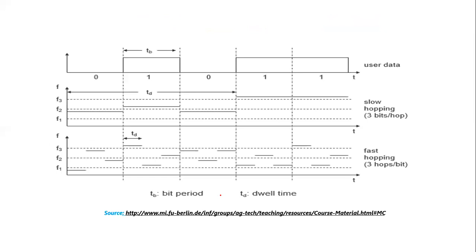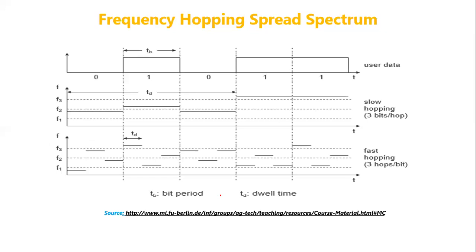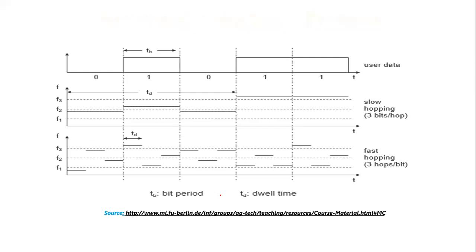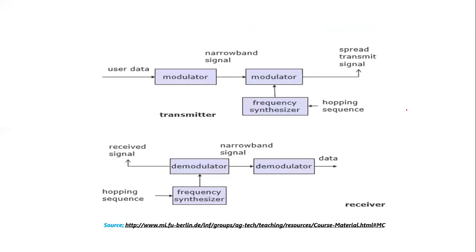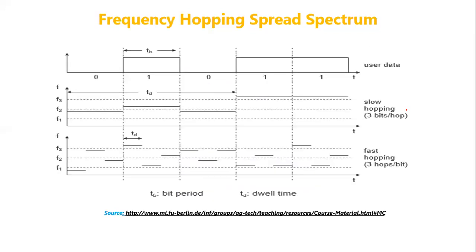So let us try to understand frequency hopping spread spectrum with an example. Here we will be discussing two types of frequency hopping spread spectrum: one is slow hopping, the other one is fast hopping. In slow hopping, the user will stay in the same frequency for 3 data pulses.